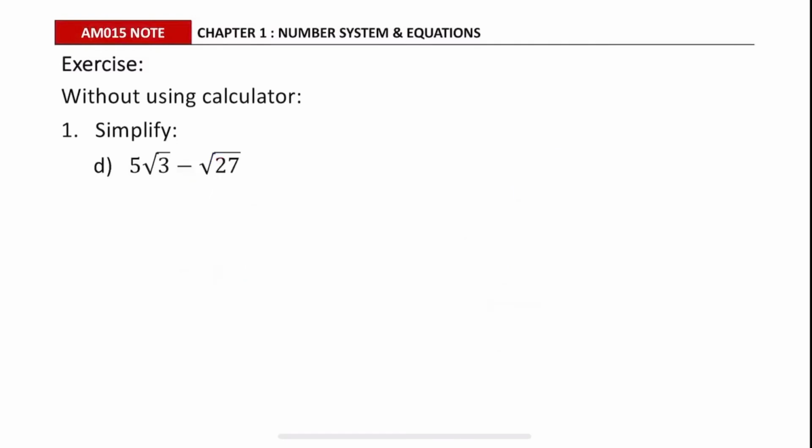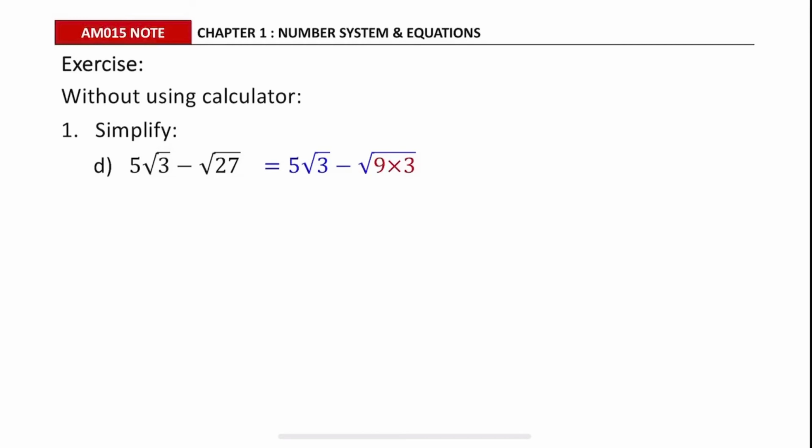In this question, we want to simplify 5 square root of 3 minus square root of 27. There are two surds here, which are the square root of 3 and the square root of 27. The square root of 3 is already in its simplest form, so we only have to simplify the square root of 27, where we can write 27 as the multiplication of 9 and 3.